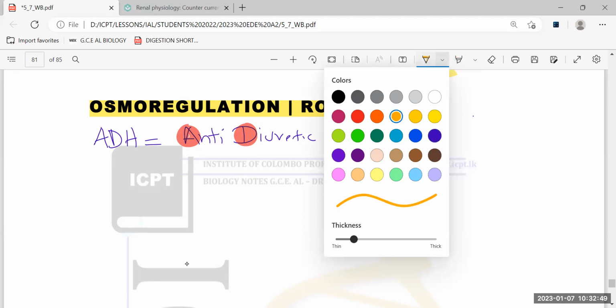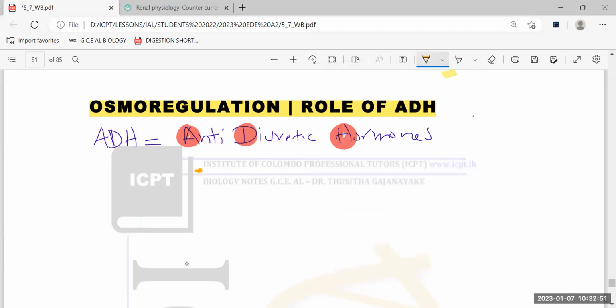Next, when it comes to osmoregulation, some of the lessons you have learned previously, like hypertonic, hypotonic, isotonic, and osmosis, water potential, are all important to understand the concept of osmoregulation.